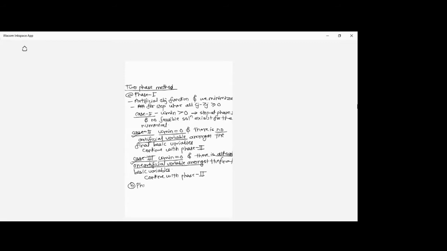I won't be telling you much about phase 2 now, because when we see a numerical, I'll tell you about phase 2 directly, right? We have actually seen case 1 in our last lecture, where our W minimum value came out to be greater than 0, and we stopped at that point, and we said that there is no feasible solution for that numerical, and there is no need of phase 2.